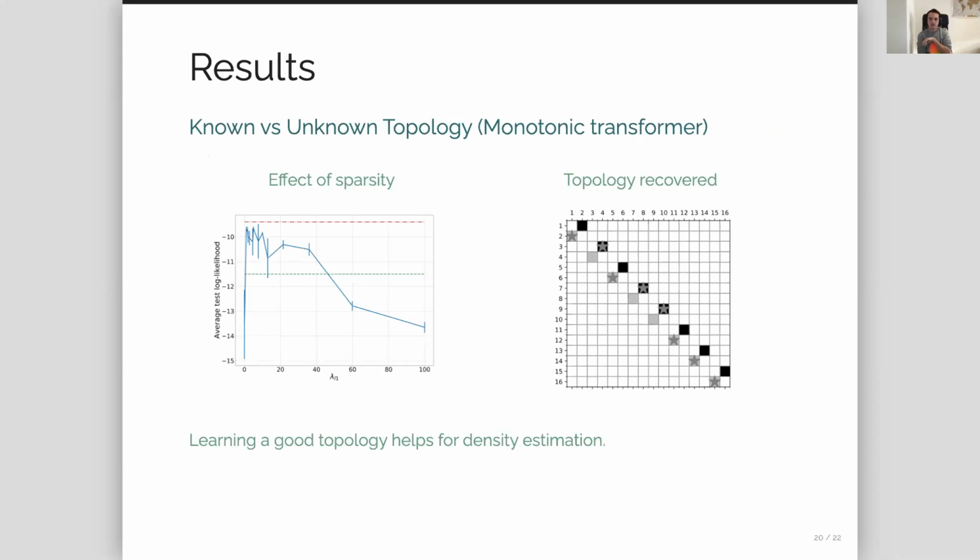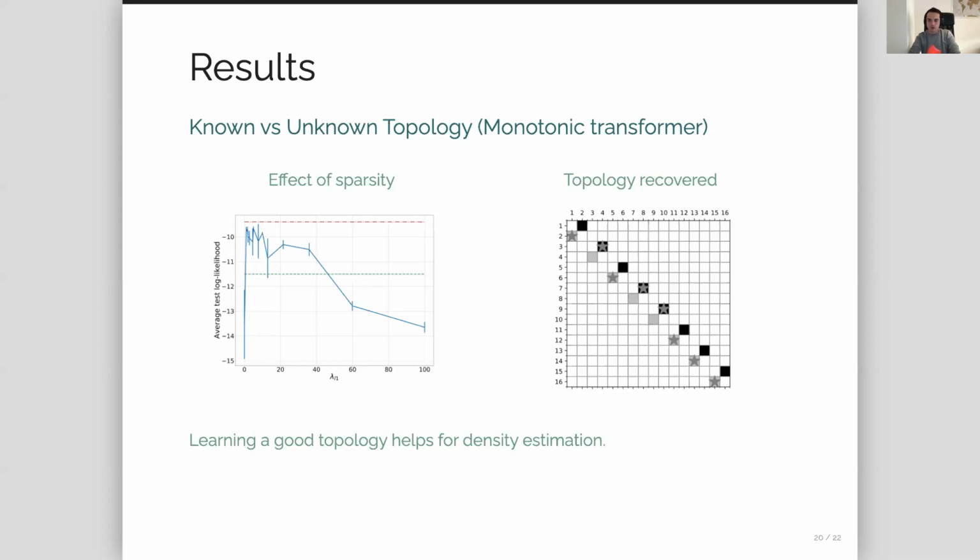So now let's have a look at some results when we learn the topology with this constraint optimization. On the left, you see the result for an artificially generated dataset made of 8 pairs of independent variables. So we just took 8 2D datasets, and we concatenated them. And these 2D datasets looked like the first images I showed you with the complex distributions.